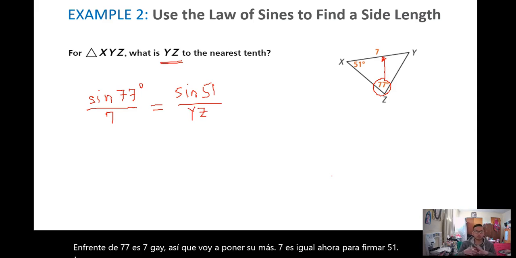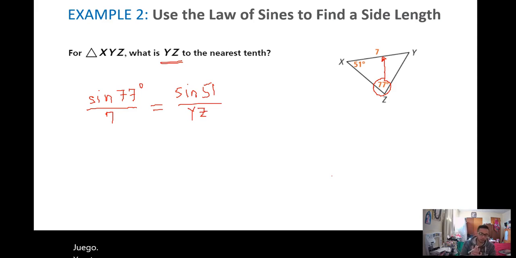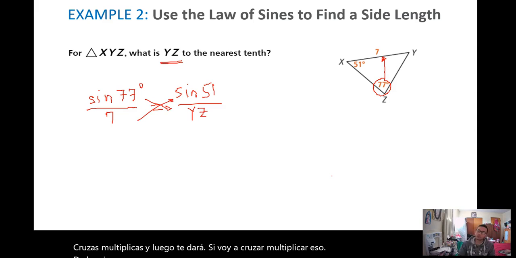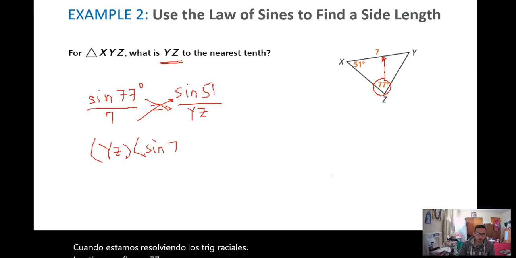Then you cross multiply, the same way as when we solve trig ratios. It would give me YZ times sine 77 is equal to 7 times sine 51.